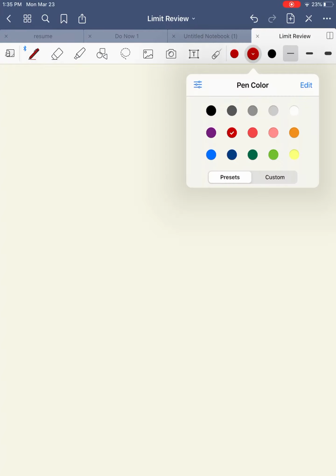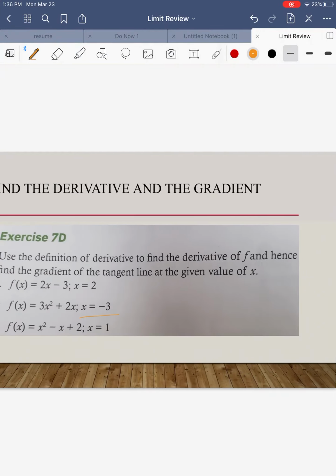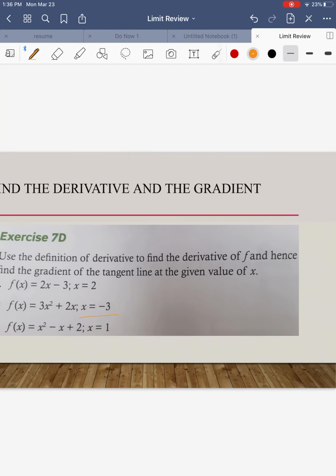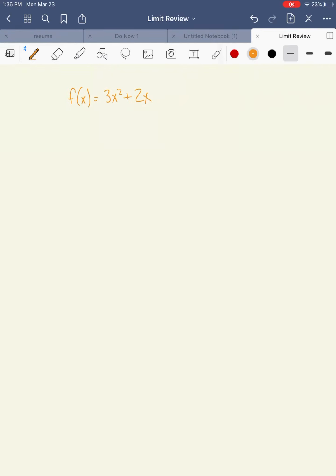Alrighty. So let's go to the next problem. 3x squared plus 2x, and they want us to evaluate it at x equals negative 3.